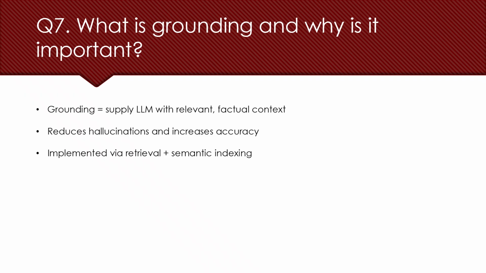Question number 7. What is grounding and why is it important? In simple words, grounding equals supplying the LLM with relevant factual context. Or we can say grounding is the process of enriching a user's query with the right piece of factual context before sending it to the LLM.